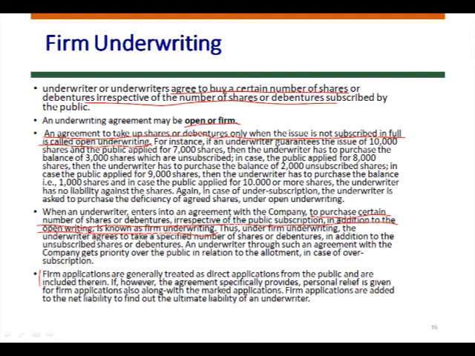So this is the agreement. Whatever the agreement, we will be solving the questions accordingly. So in case of firm, they will be treated preferably. In case of open, whatever is left, if there is nothing left, they will not be given any share, but in case of firm, they will be given the shares preferably.